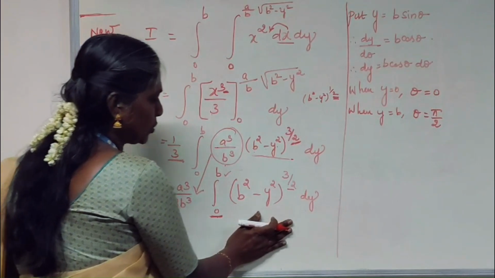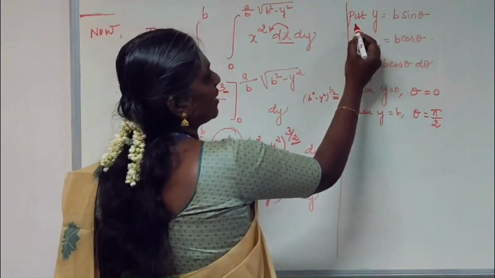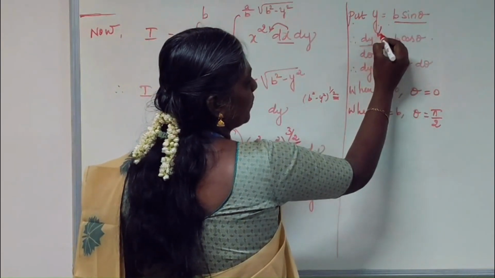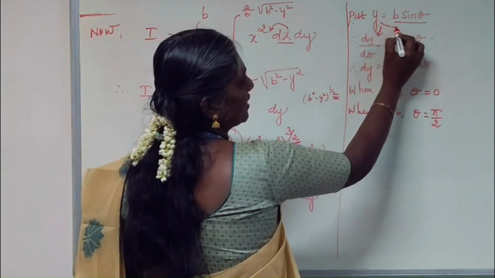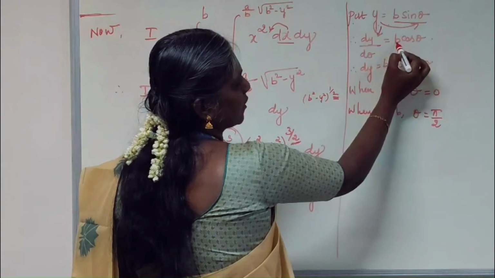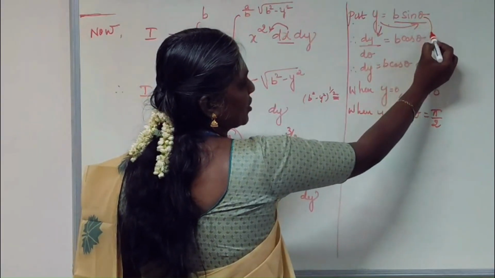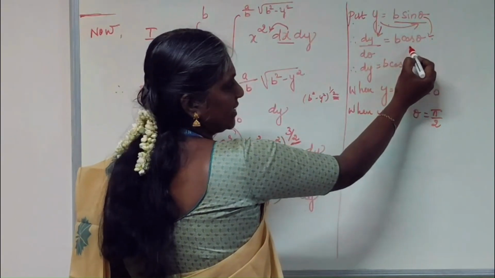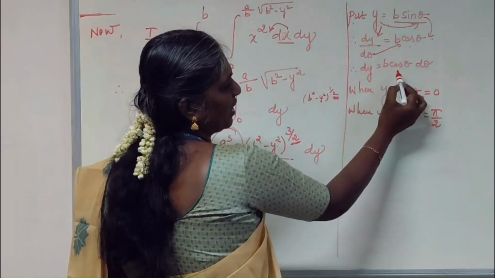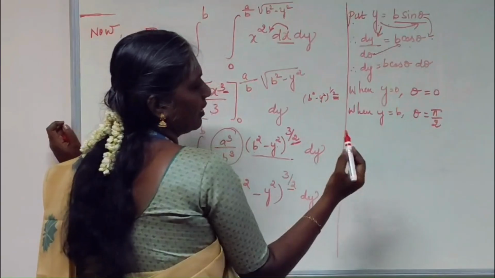That's why I put y is equal to b sin theta. So dy by d theta, differentiating with respect to theta, is equal to b as a constant, and the differentiation of sin theta is cos theta. Therefore, dy is equal to b cos theta d theta.